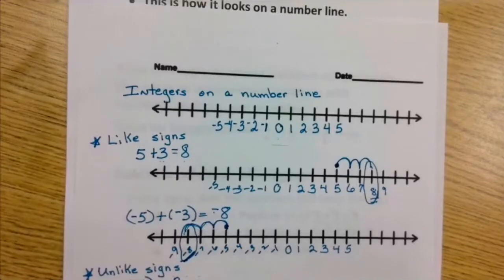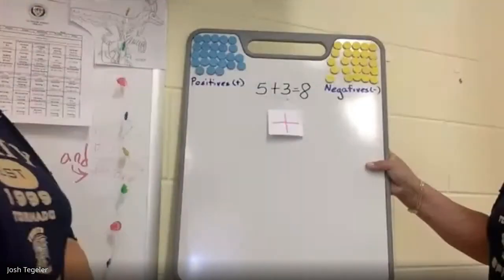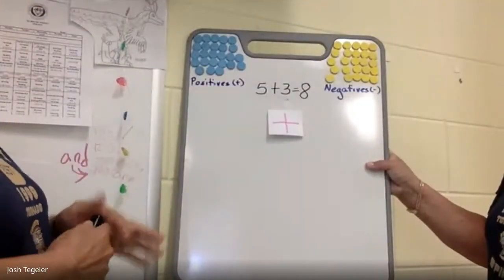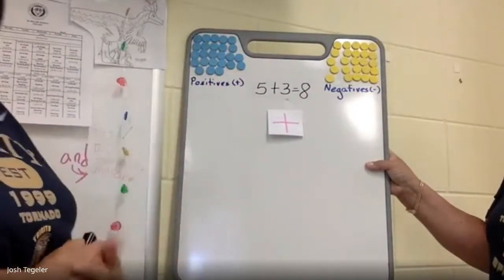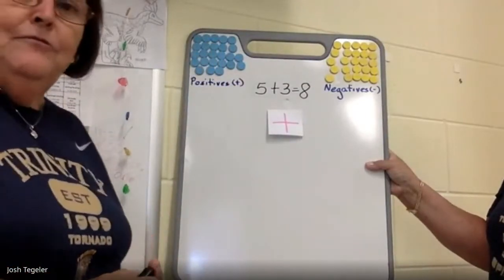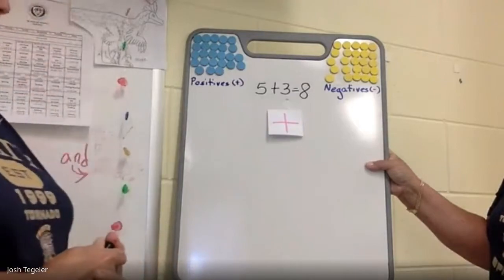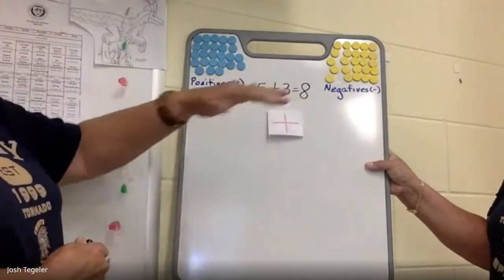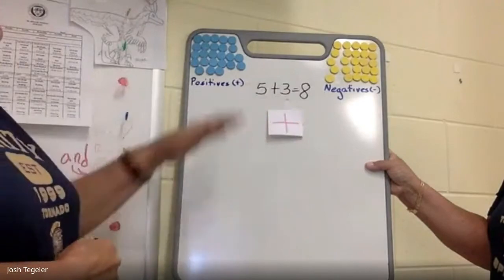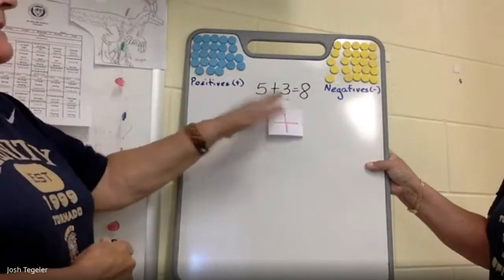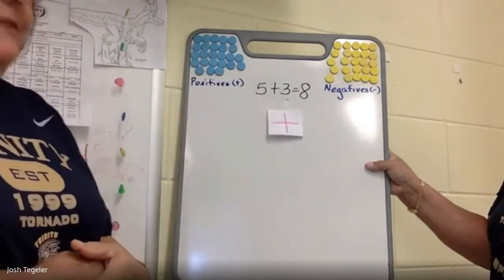Okay, let's model it using our little disk here. All of my blue disks are going to be positive numbers. All of my yellow disks are going to be negative numbers. Here's the same problem I gave you when we did the number line. A +5 plus a +3 equals a +8.